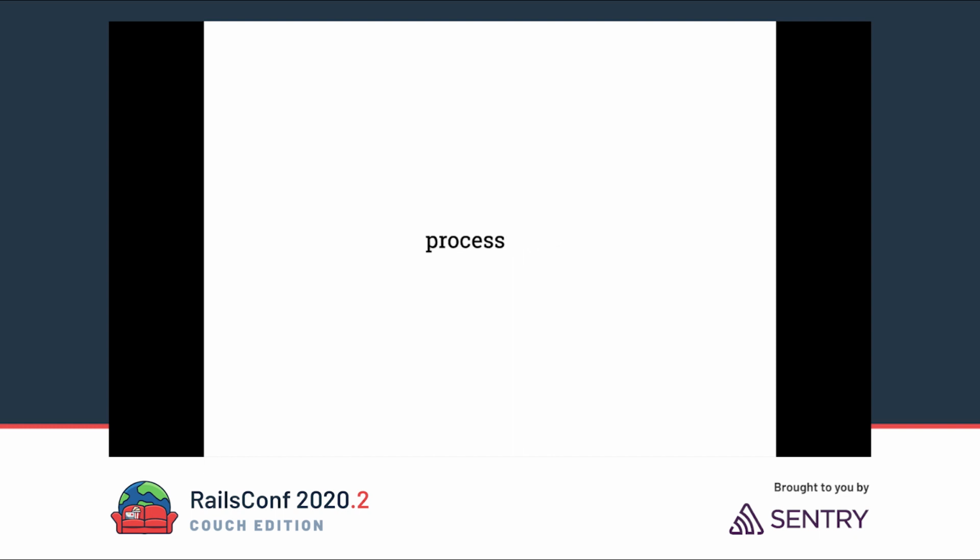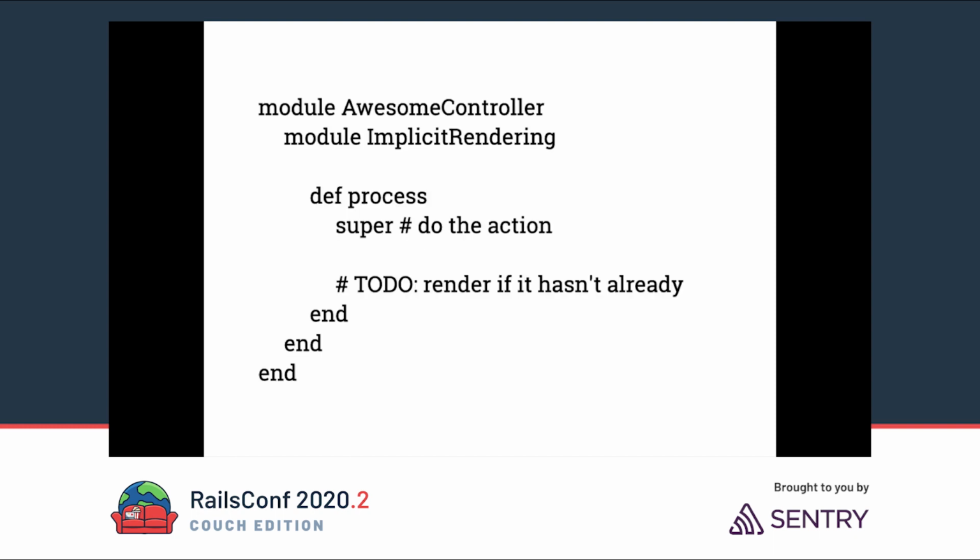Here again, we can take advantage of the new process method. We can create an implicit rendering module that defines the method process, and we want it to super, or let other processes do their thing. And when it comes back to this method, and nothing has been rendered, then we will perform render.